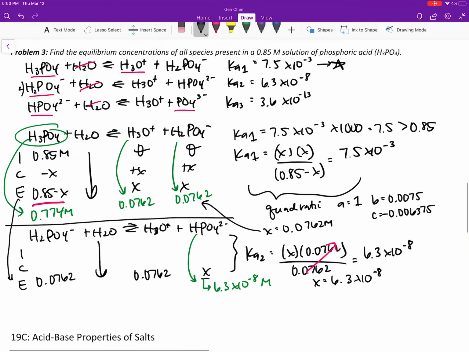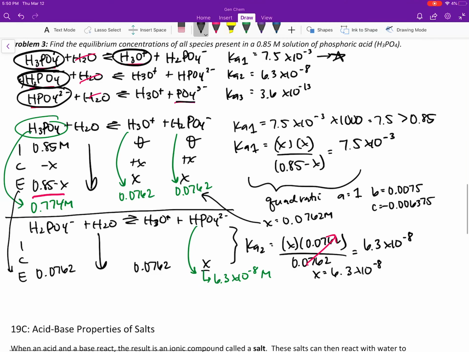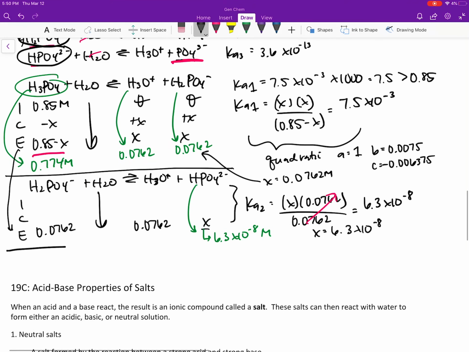So I know the concentration now of H3PO4, H2PO4-, I know hydronium, and now I know HPO4 2-. What I don't know is the last PO4 3-, the last conjugate base. So I'm going to set up another ice table with my third equation.